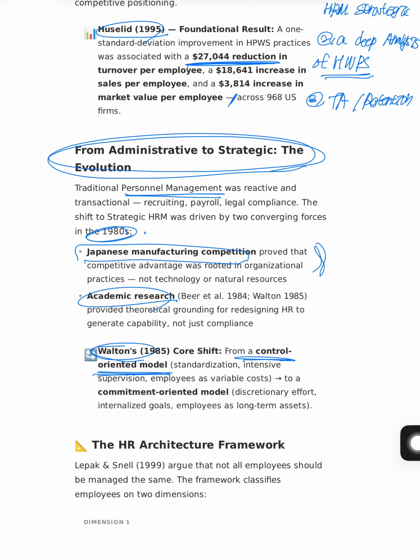So here is the HR architecture framework. The most analytically powerful framework for understanding SHRM at the system level is the HR architecture, developed by Lepak and Snell in their Academy of Management Review article, Toward a Theory of Human Capital Allocation and Development.